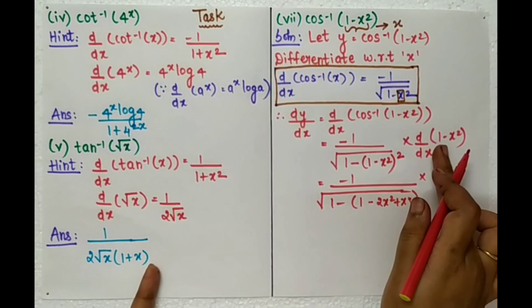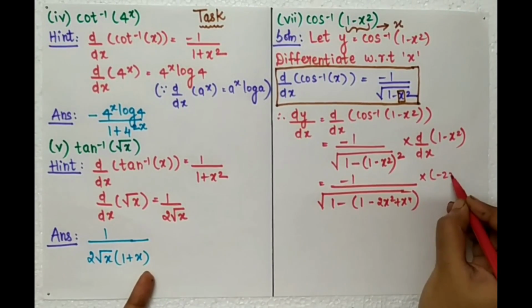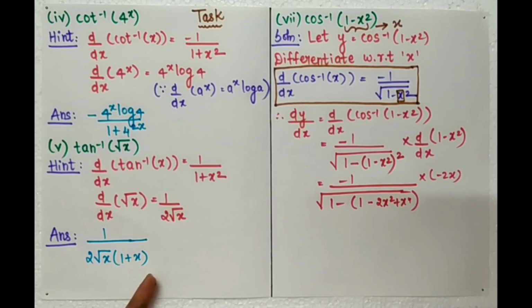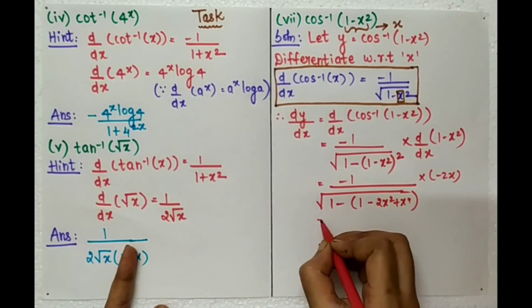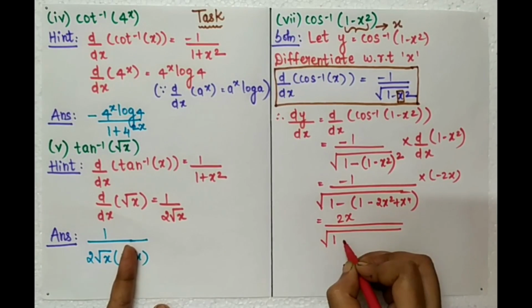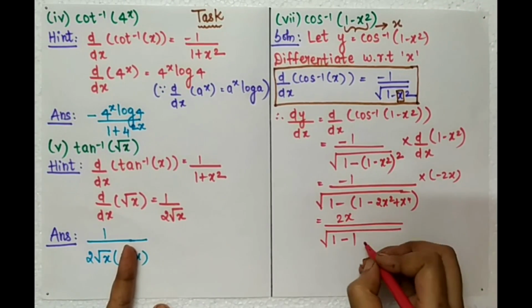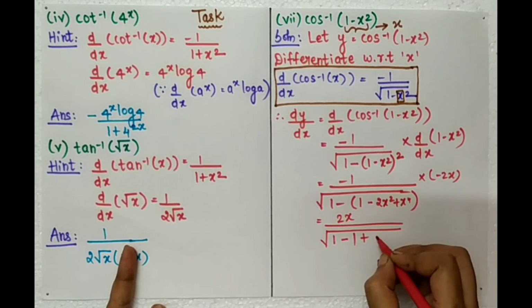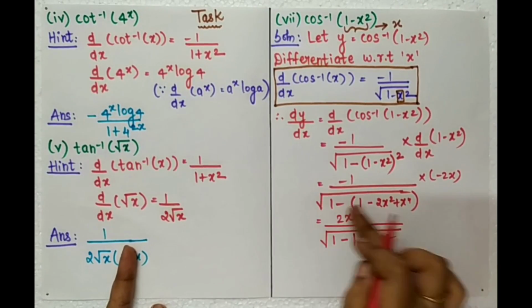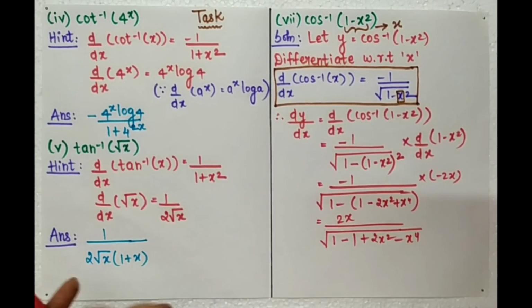And derivative of 1 is 0 and derivative of x square is 2x. This will be minus 2x. Minus minus gets cancelled. So we get 2x. 2x upon root of 1 minus, minus into plus minus 1, minus into minus plus 1, plus 2x square, minus into plus minus x power 4.